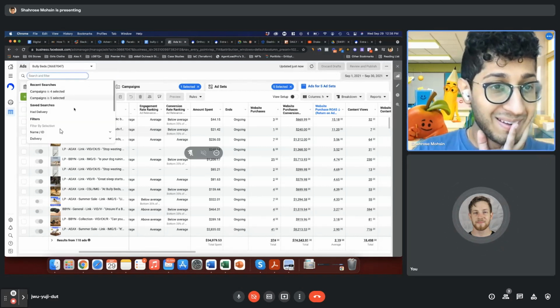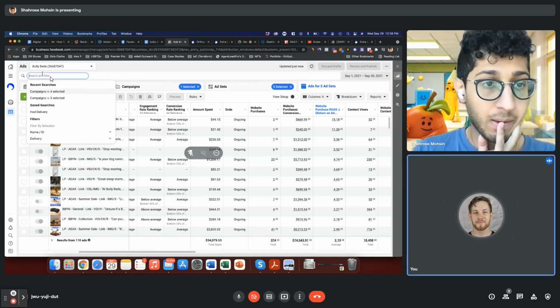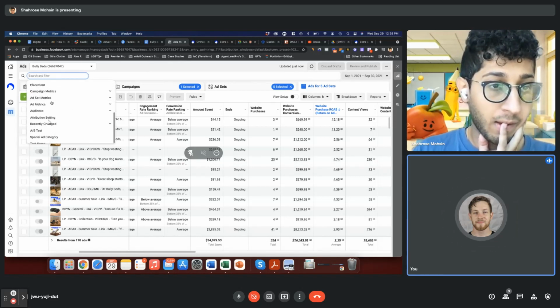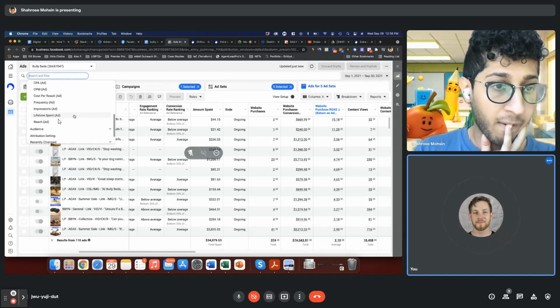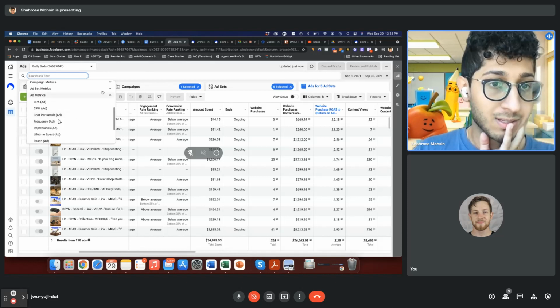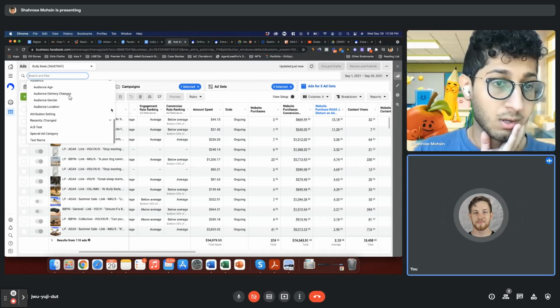It's okay. So let's just scroll down through filters. It takes a minute to do this, right? Go to ad metrics. Let's see if I can find. Of course, Facebook keeps changing this on your side. We can probably do lifetime.